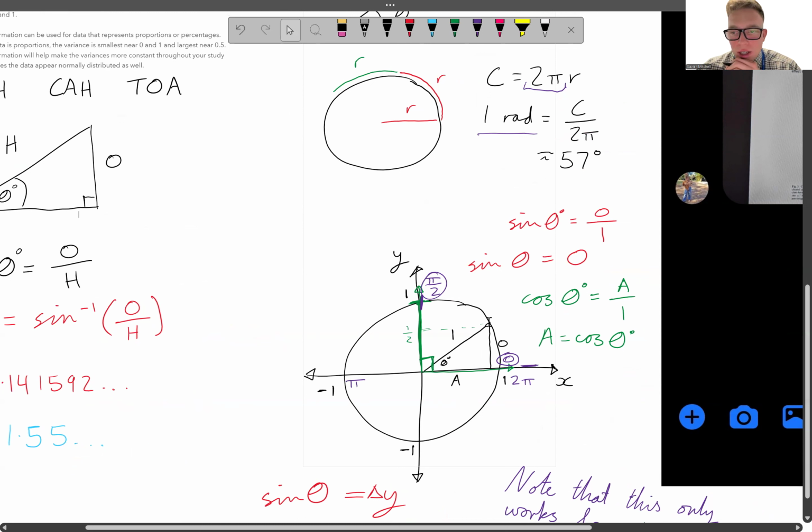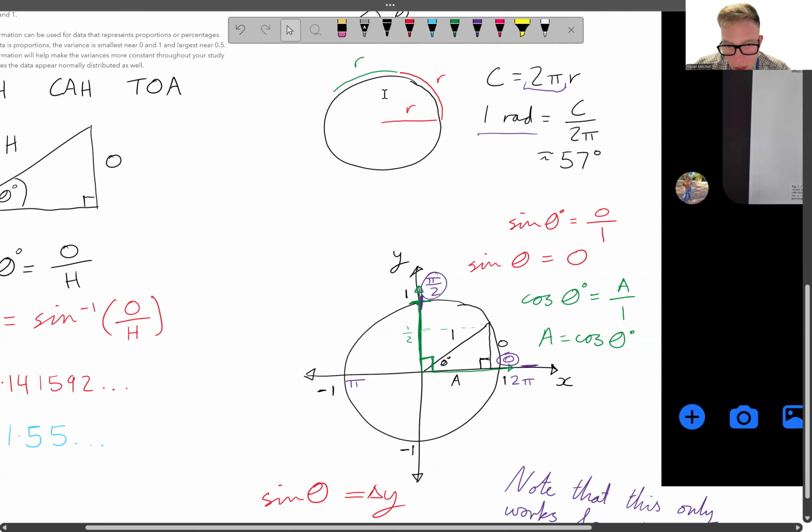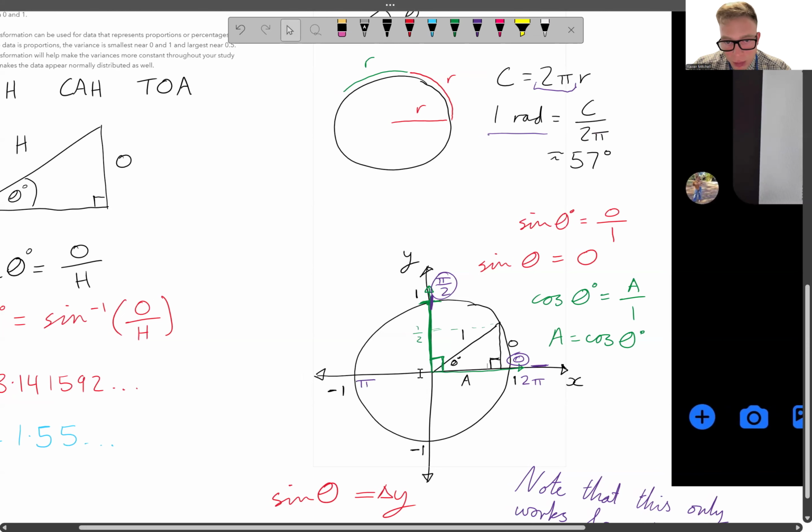And you could, from that triangle, draw a vertical line down to the x-axis and create a right-angled triangle. So here, we've got a right-angled triangle on the unit circle, which in turn has a hypotenuse of 1. It's always going to have a hypotenuse of 1.